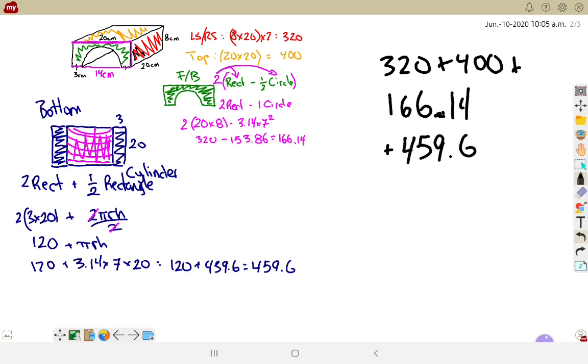Adding all of those things together, just give me a second, I gotta do it on my calculator here, plus 320 plus 400 gives me 1,325.74 centimeters squared. So that is how we find the surface area of something where there's a tunnel.